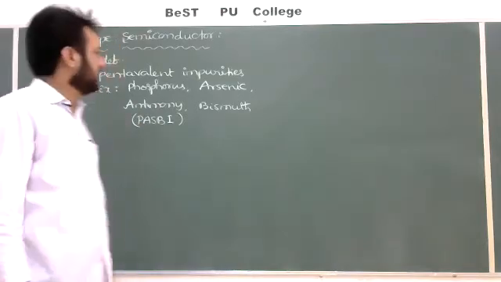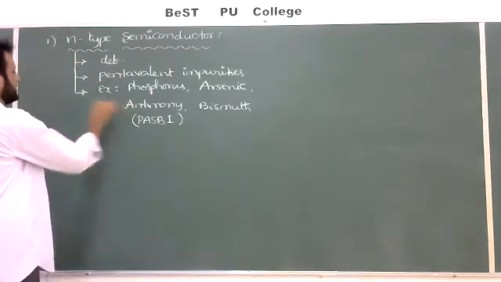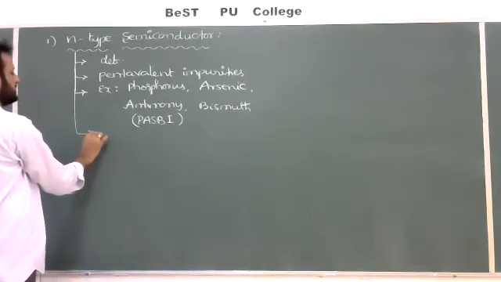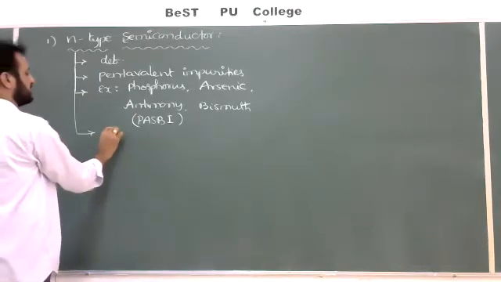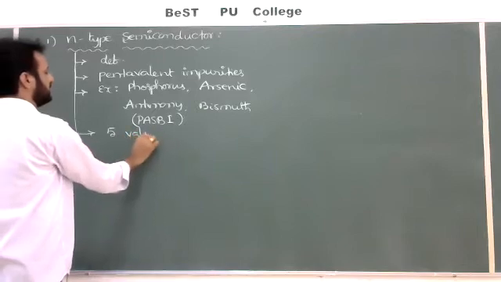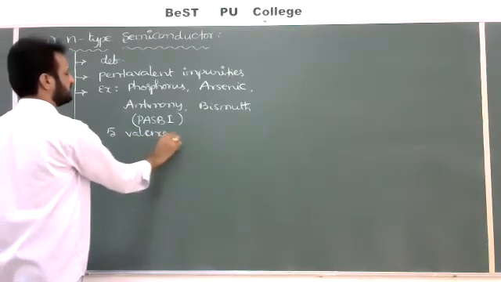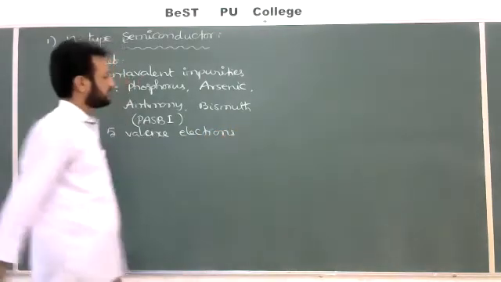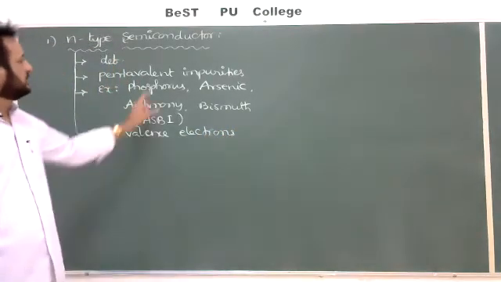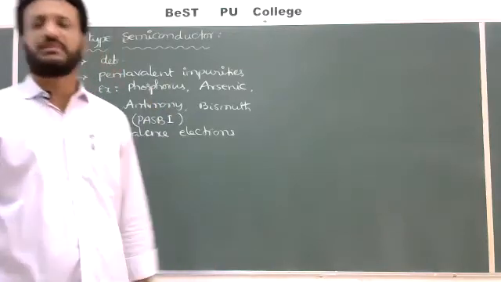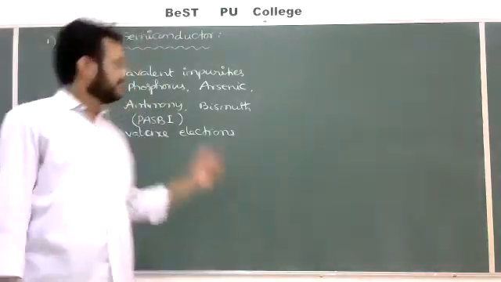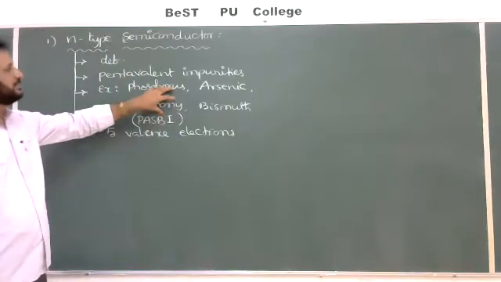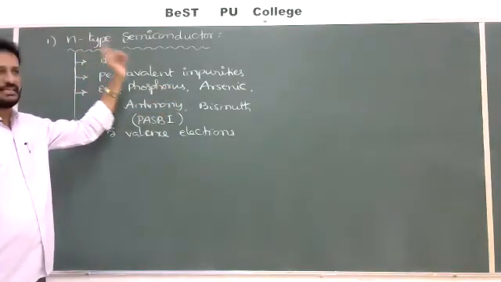So these generally have 5 valence electrons. Pentavalent atoms have 5 valence electrons in the outermost orbit. So to the pure semiconductor, when we are doping with this type of pentavalent atoms, it will be converted into an N-type semiconductor.